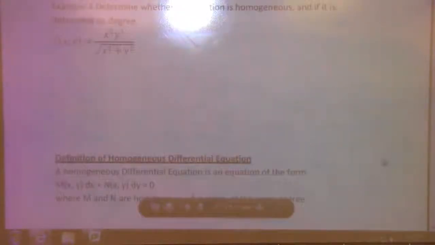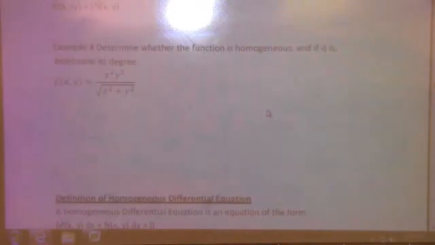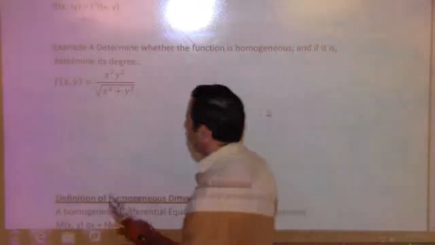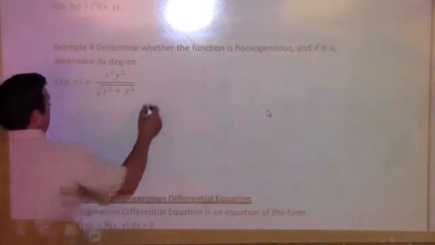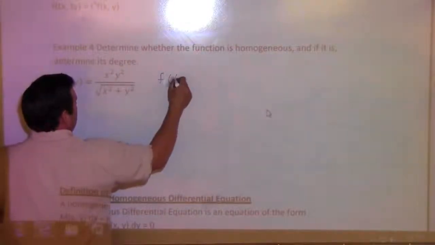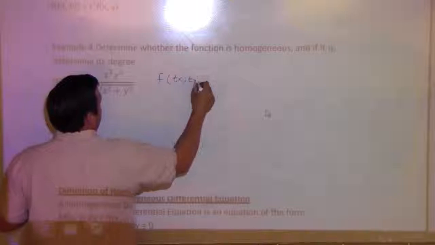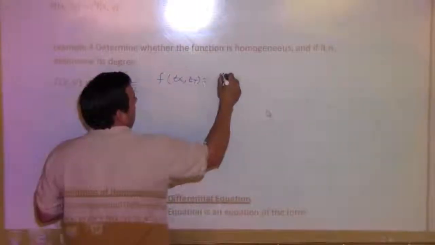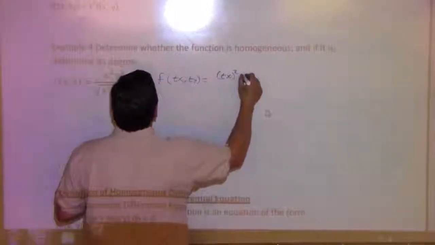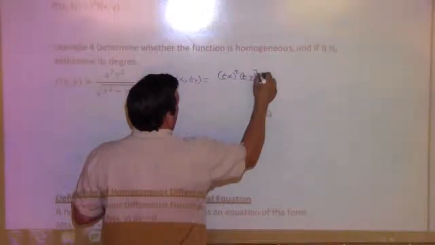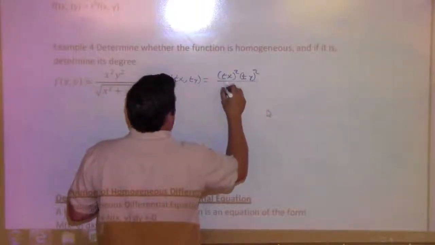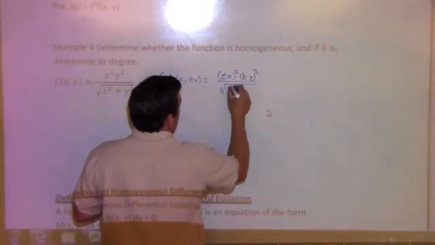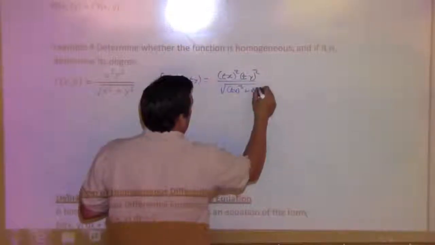Okay, example 4. Determine whether the function is homogeneous, and if it is, determine the degree. So f of tx comma ty is tx squared ty squared over the square root of tx squared plus ty squared.